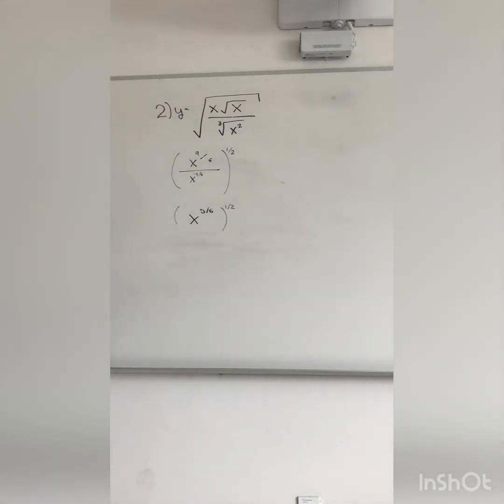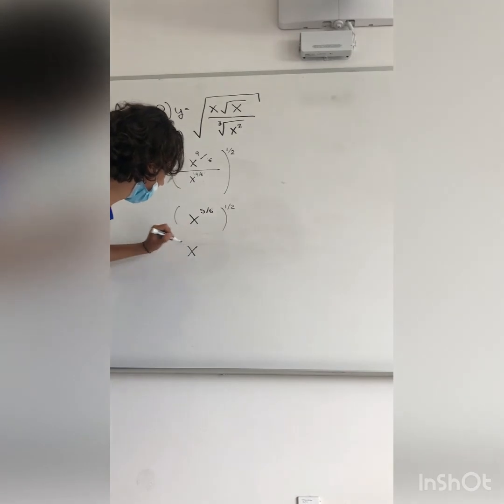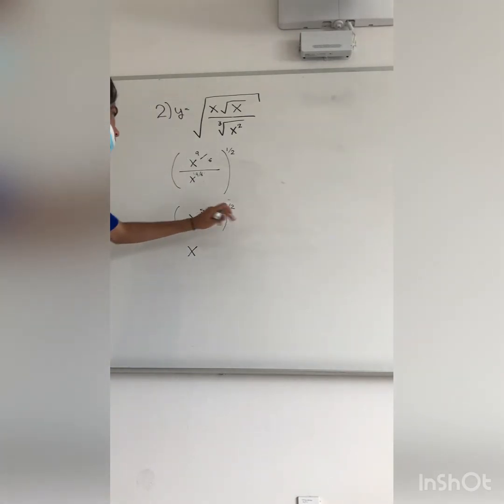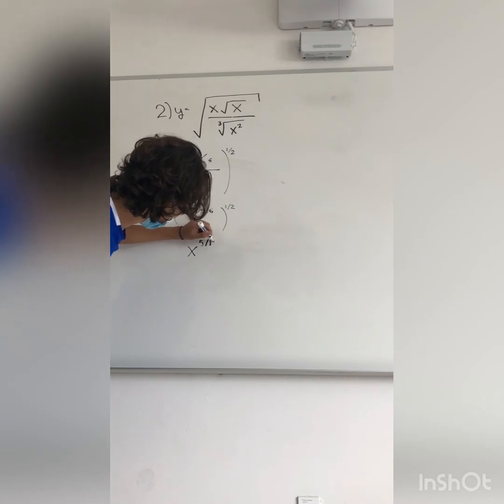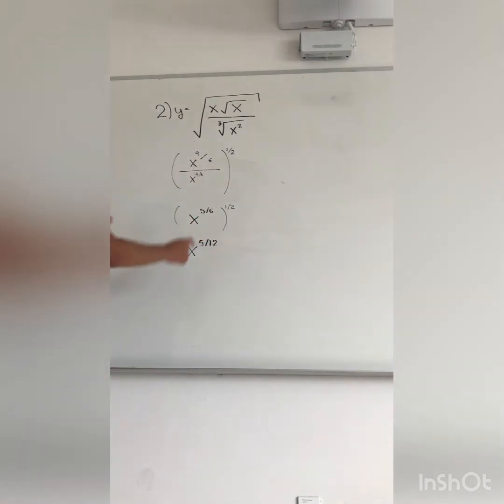Now that we have this, we only have to multiply, because this over this, so it's x to the 5/12, because 6 multiplied by 2 is 12.